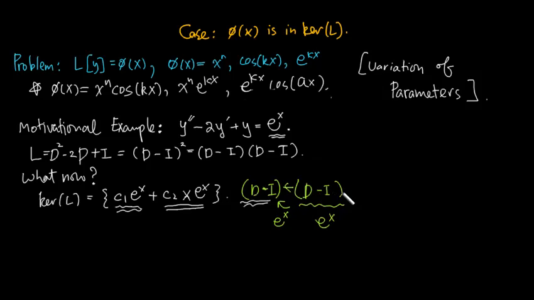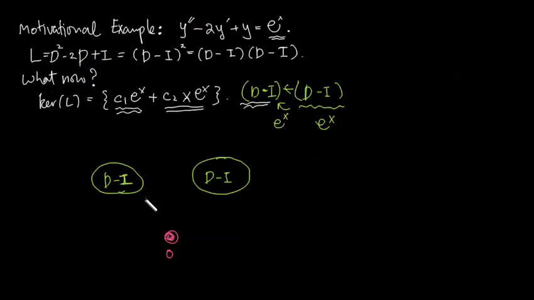So whatever survived out of this d minus 1 and dies here must be e to the x that came out of there. So x times e to the x was actually the function that, if you stick it in there, survives and becomes e to the x. When you go through the second factor, it eventually dies. That's what really happened. So let me pull up a diagram. I sketch it like that.